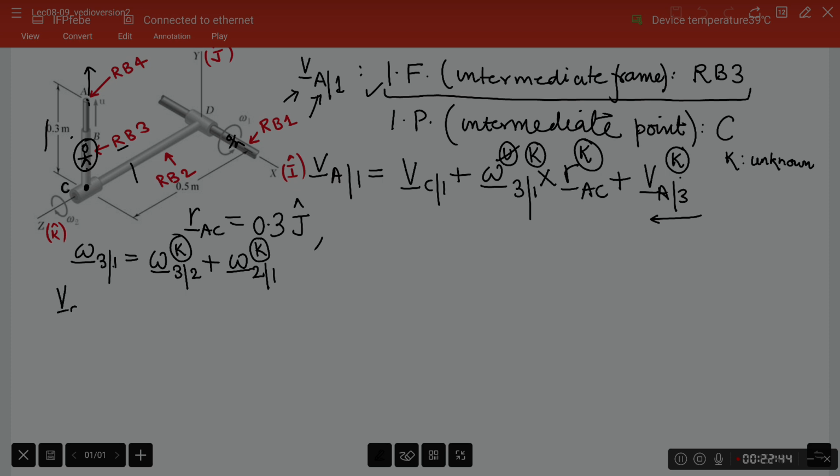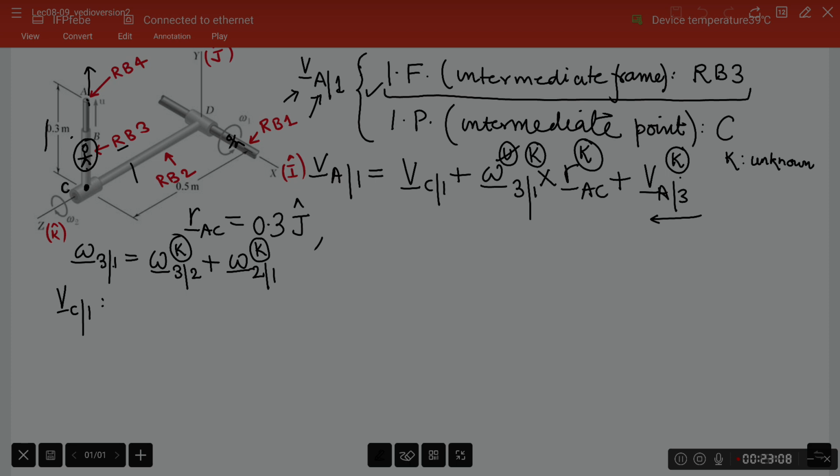What will be that intermediate point and what will be that intermediate frame? These choices will be governed by the two guidelines that I mentioned while I was explaining the choices of IF and IP for VA1.